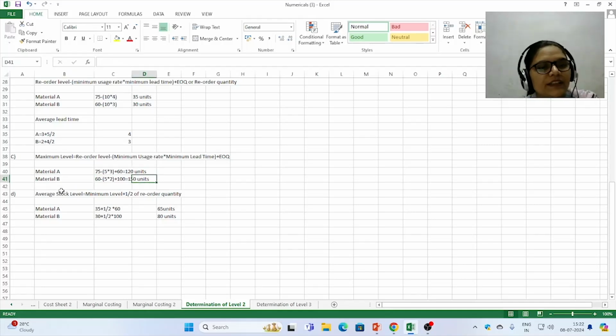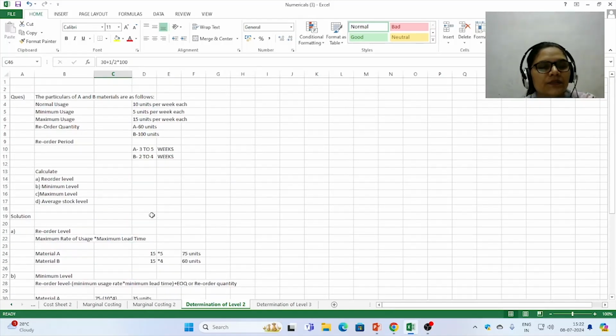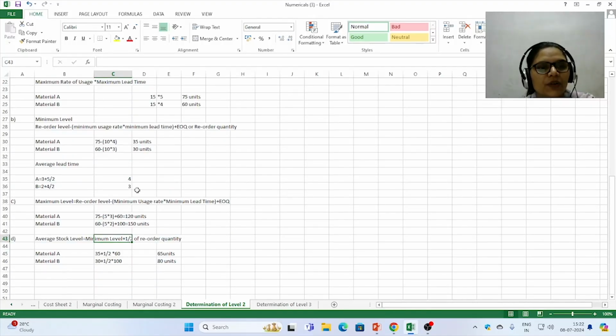Next is average stock level, which is equal to minimum level plus half of reorder quantity.